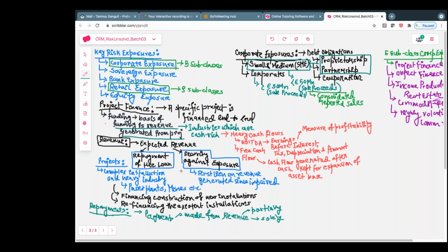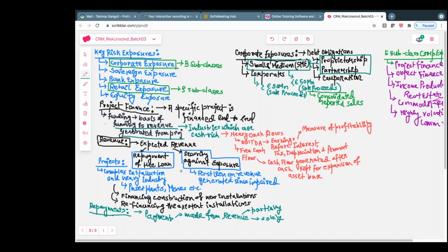So object finance cannot be treated the same as project finance, because in project finance you are financing the end-to-end installation and execution of the project, versus in object finance you are just supporting the purchase of that fleet.